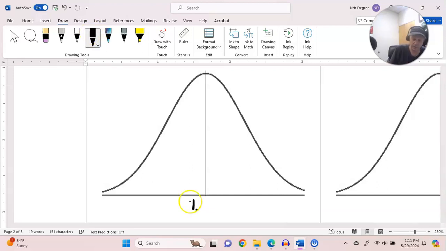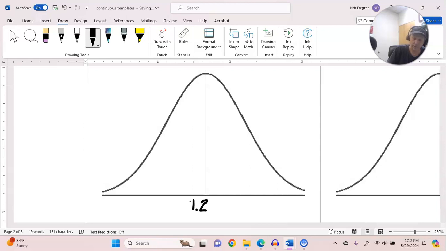We know that it has a population mean of 1.2 years and a standard error of 0.2309, as we calculated just a minute ago. And our sample mean of interest is 1.5. So let's say that's right about here or so.